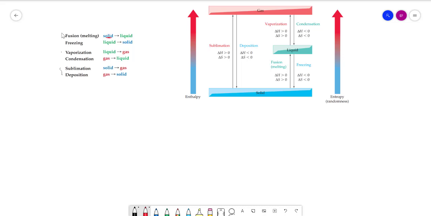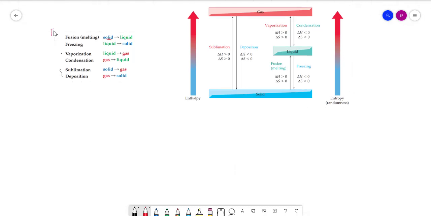Okay, so if we know that about the delta G, then we can think about this graphically, where we have, again, all of our 6 possible physical state changes of matter that I have listed on the left that we've already covered. And then on the right, we've got this graphical illustration of increasing enthalpy, meaning increase in the heat of the system towards the positive direction. So delta H is positive up here, delta H is negative down here.